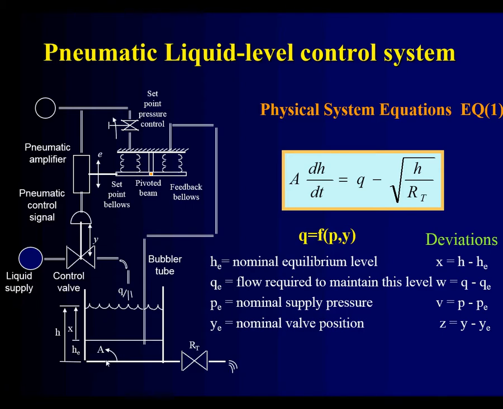This is a reservoir, it could be a tank, and then you have a tube that has been put in there, and this tube is continuous here, to measure, to get some feedback on where the level is.